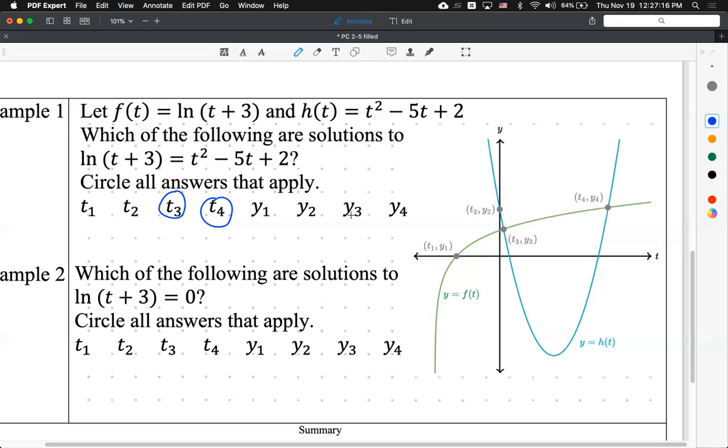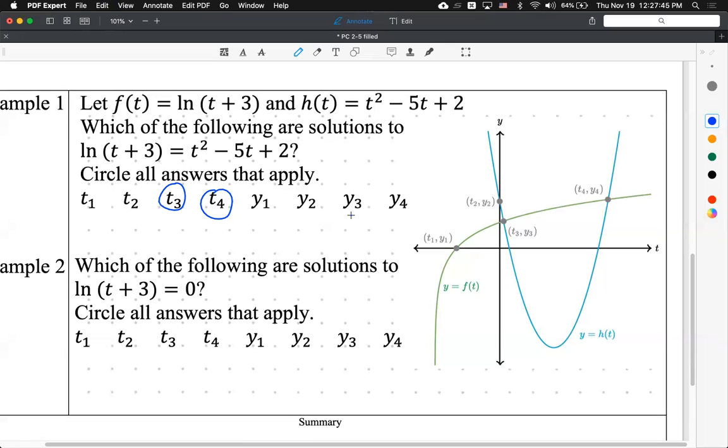You're solving for a t value because you're plugging into this original equation. When I solve for this equation, even algebraically, you'd be solving for values of t. You try to isolate the t. There's no y that you're isolating in this equation, so there's no y values that are going to be answers. It's just values of t. So that's the only answer. Example 1 is just T3 and T4, or T sub 3, T sub 4 is how you pronounce that.